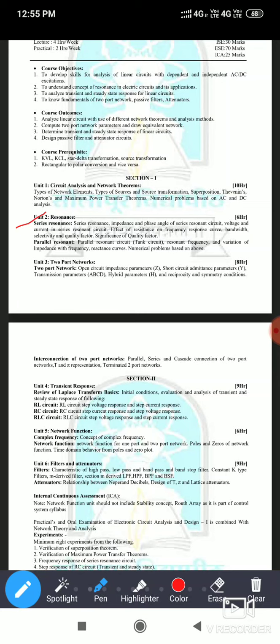These are all the topics we are covering in series resonance, and based on this there are some formulas, and based on those formulas we are solving some numericals.